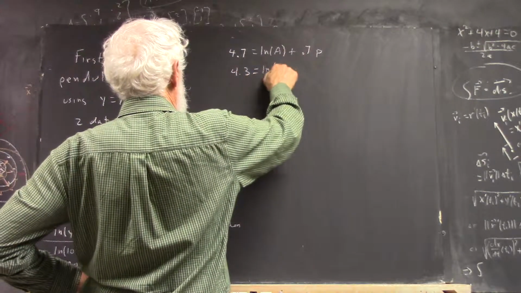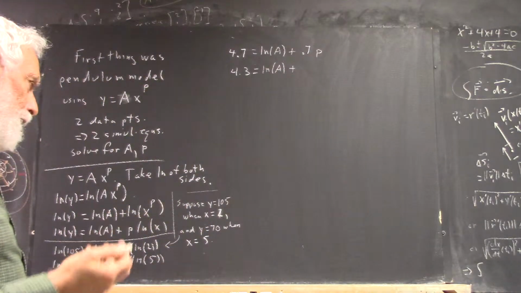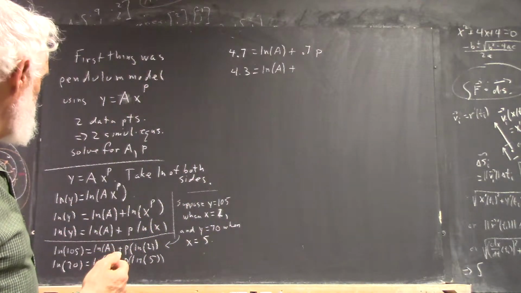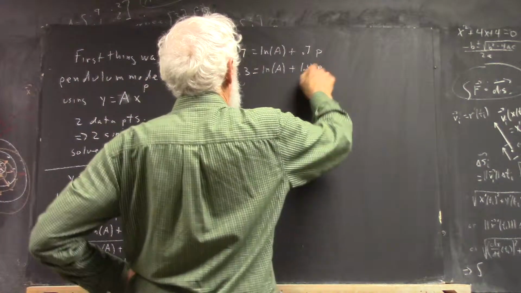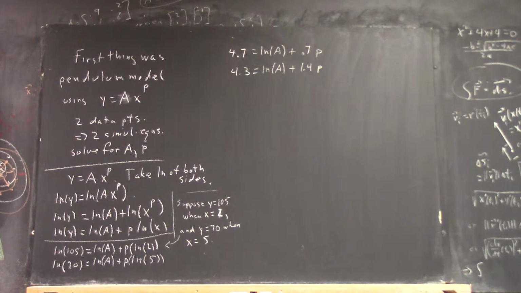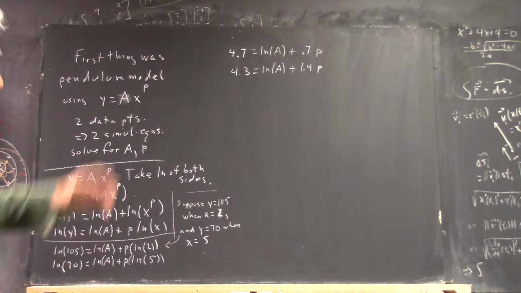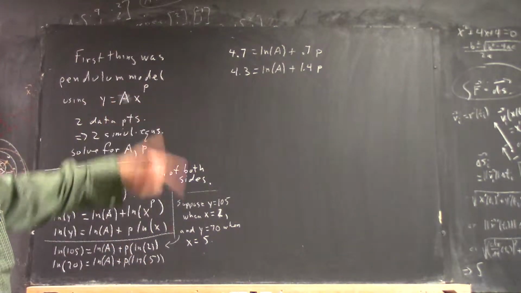Not having a lot of confidence in my estimates. But the natural log of 5 I can kind of do. That should be about 1.4. Okay? Now, what can you solve this for? What can I do to both sides of this equation to solve this system?